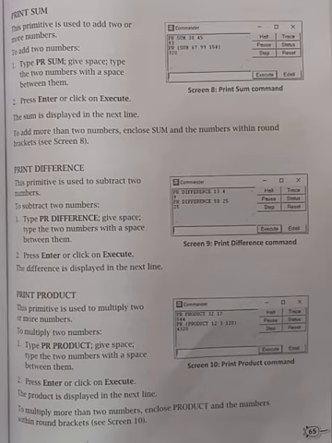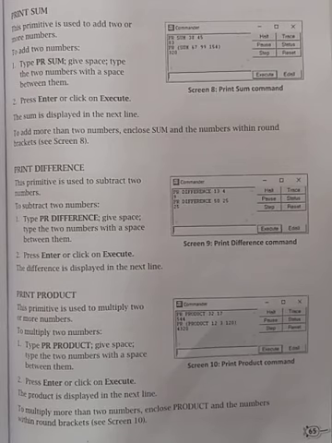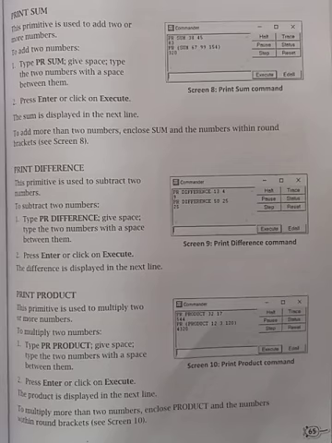For example, PR round bracket sum 67 space 99 space 154 round bracket close, and hit enter. It will show us the result or the output on the screen.